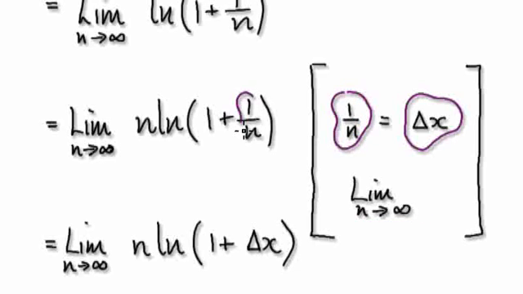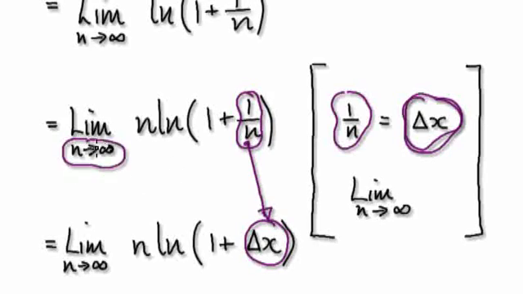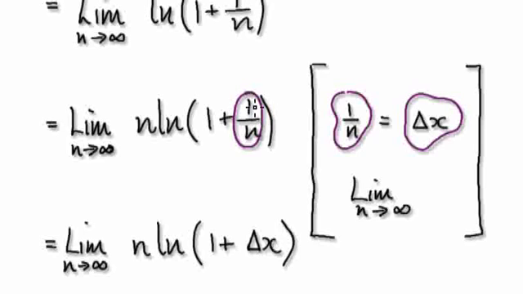So I just want to rewrite this as delta x. This here is delta x. As n tends to infinity, this whole bubble gets smaller and smaller. I'm just rewriting this thing as delta x.